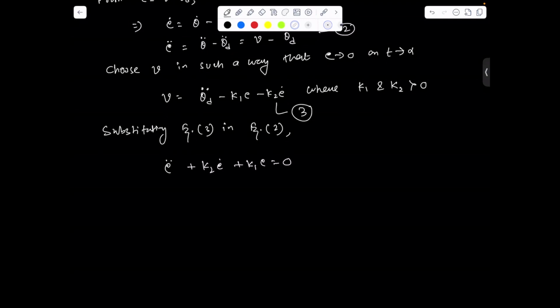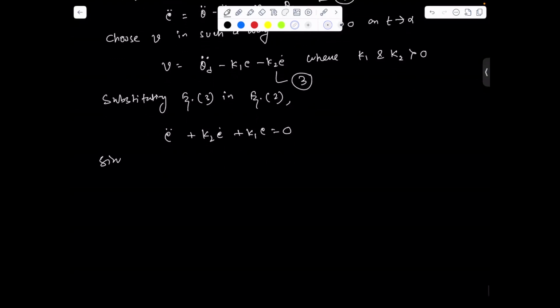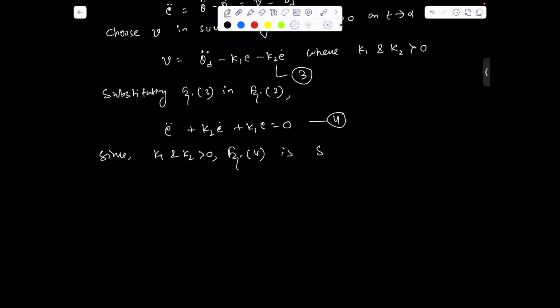So this is very easy. Since k1 and k2 are greater than 0, this equation 4 is a stable dynamics.